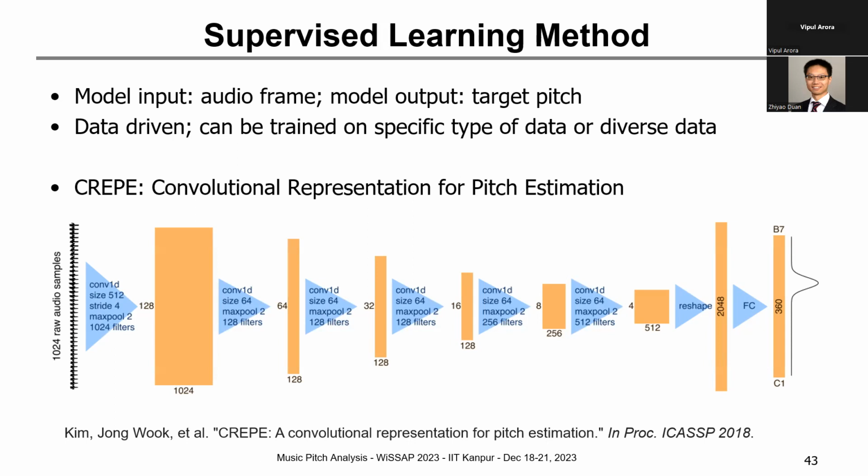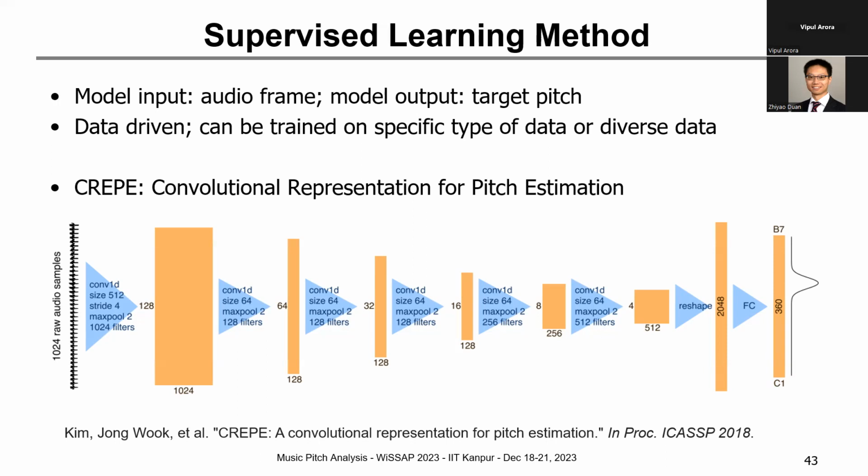The model takes audio frames as input, and the output will be the target pitch. Right? During training, we feed the audio frames and try to output something close to the target pitch, and we compute the error between the output, the prediction, and the target pitch. And that's our error, and we compute the derivative of the error with respect to the model parameters so that we can optimize the model for the training data.